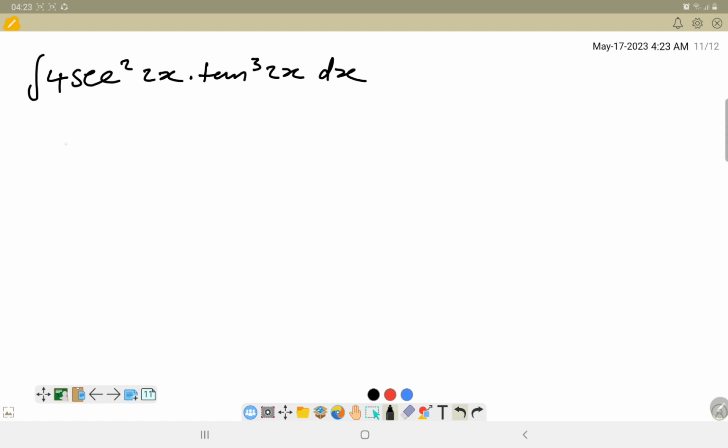In this case, the key is to make sure that the one that you pick to be your f of x, or if you are using u substitution, it must give you, when you differentiate it, exactly what is on the side.